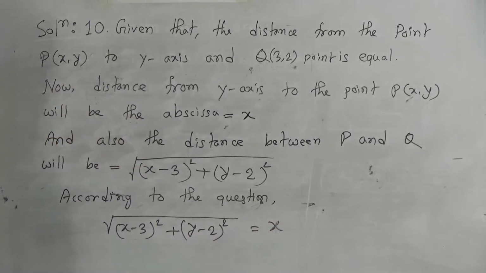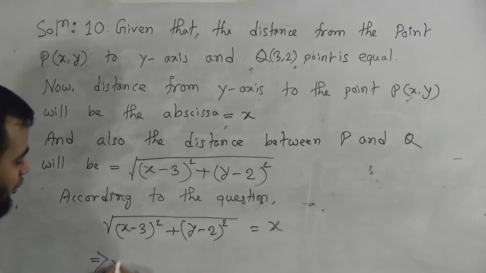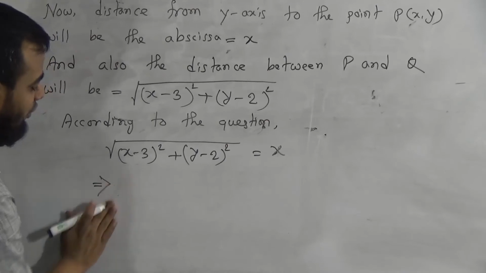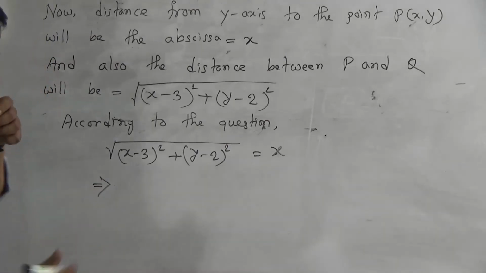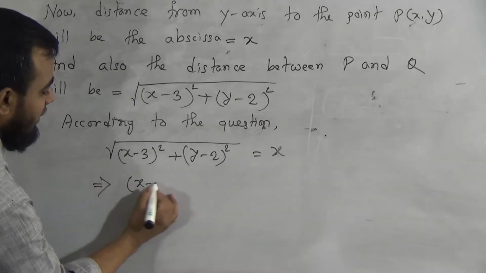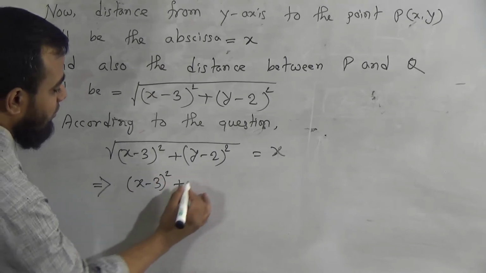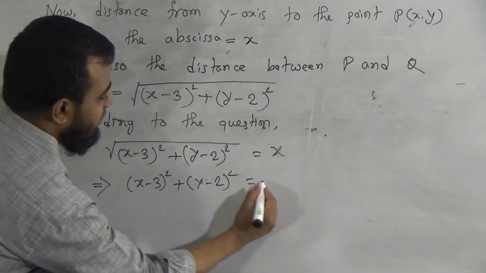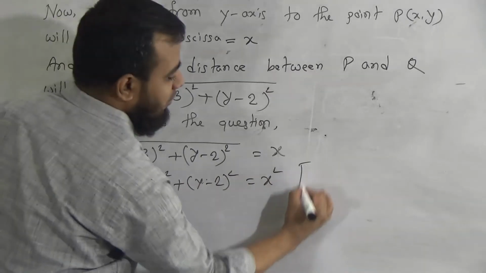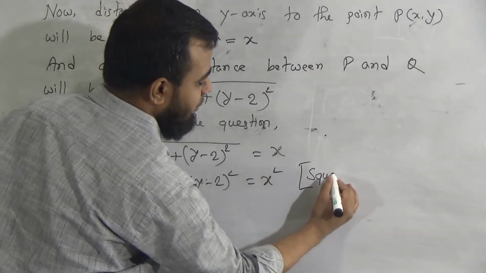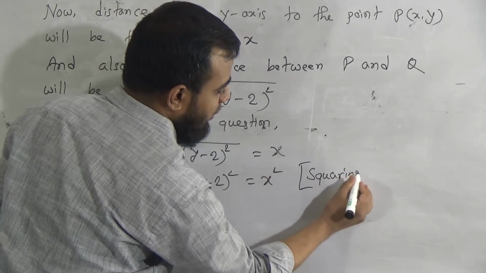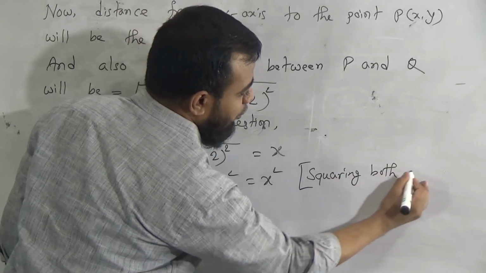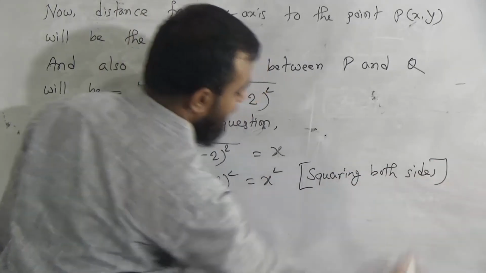Because these two distances are equal, we will square both sides. We will get x minus 3 whole square plus y minus 2 whole square equal to x square. Write it down: squaring both sides, we will get this.